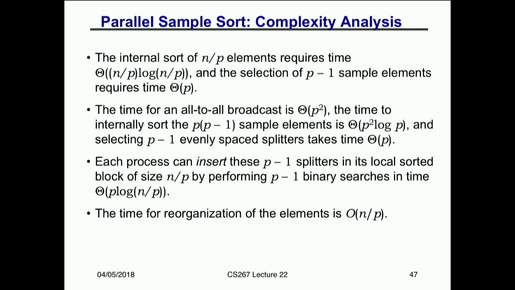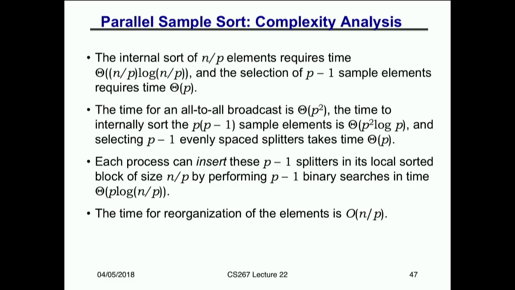Here's a complexity analysis that I don't really like. This is directly from the original paper. I didn't play with it, but I'll tell you why it's missing some entries. The internal sort, we know that's easy, right? Every processor has n over p elements, so it's n over p times log n over p. And then you need to choose regular samples.